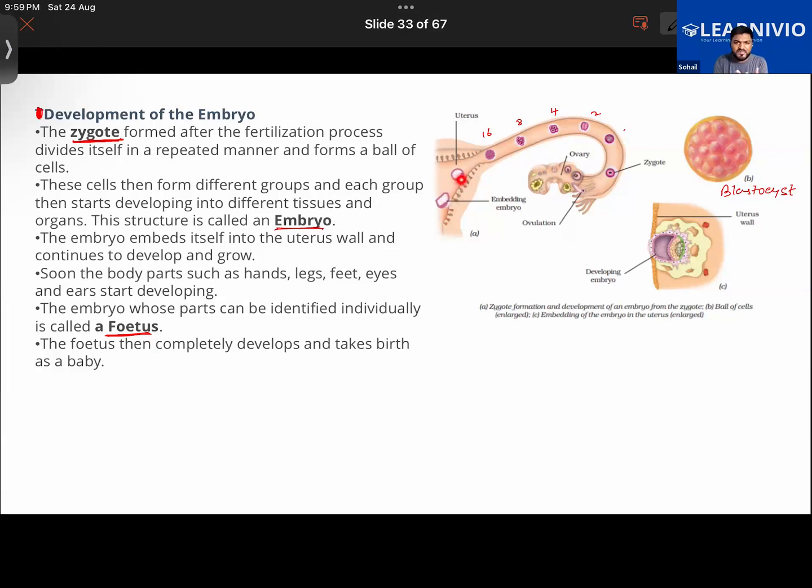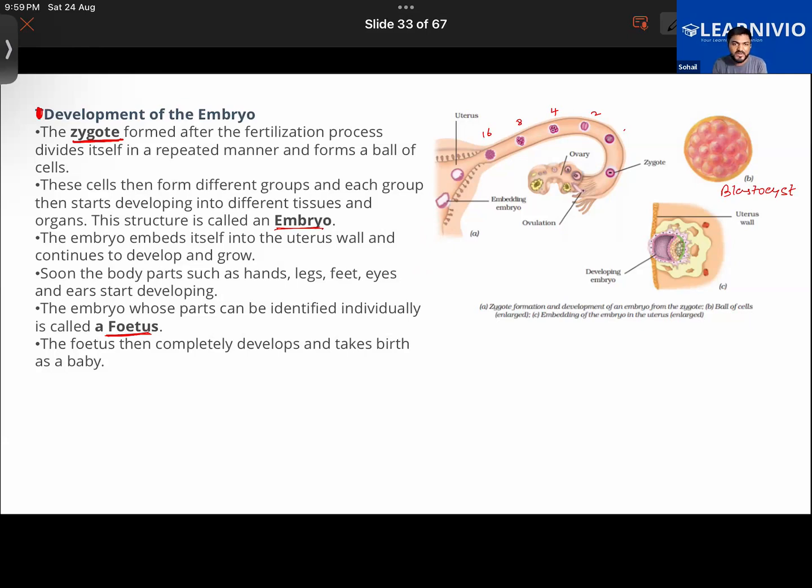But if fertilization does not take place, all the preparation done by the wall of the uterus would be of no use, since the egg hasn't been fertilized. Thereby the egg will not be embedded into the wall of the uterus. It will simply die and fall.